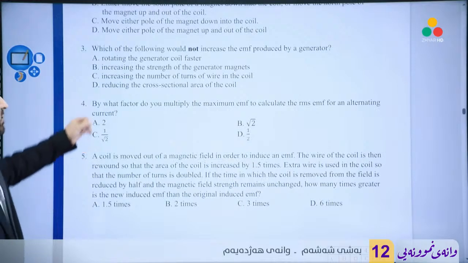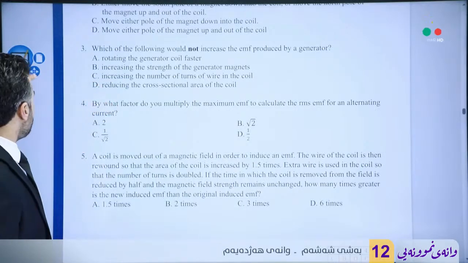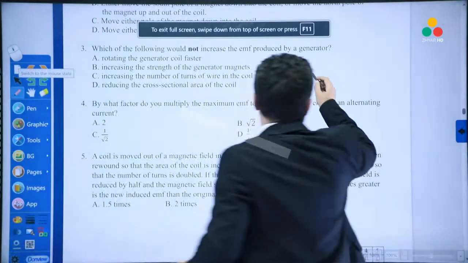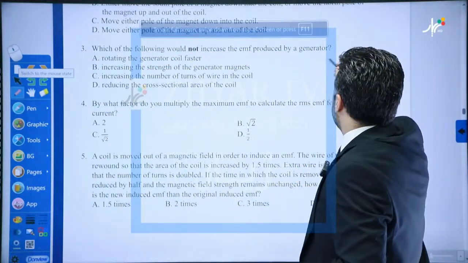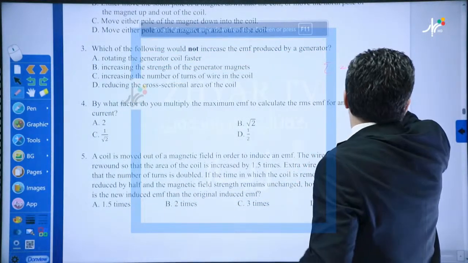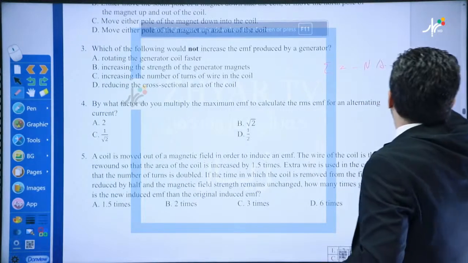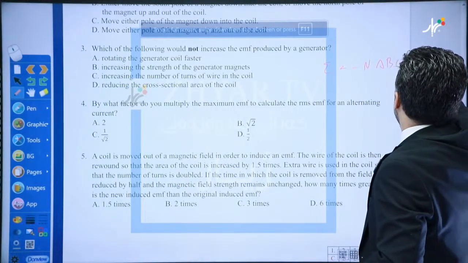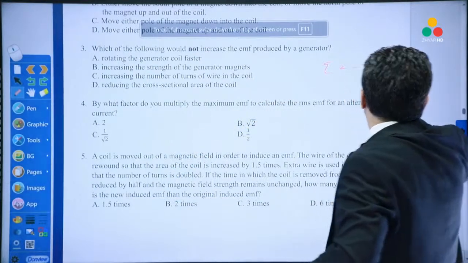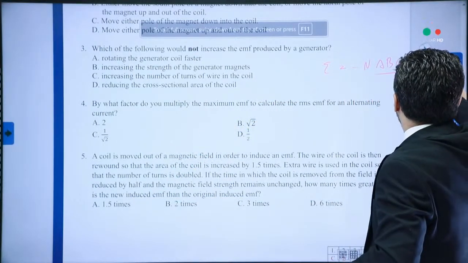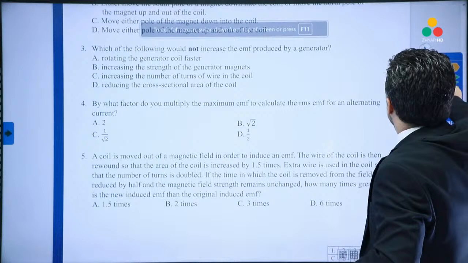So of course we've mentioned that for a generator, the electromotive force is basically negative N A B cosine theta divided by delta t, yeah? So not this one, not this one. Let's just move this aside.